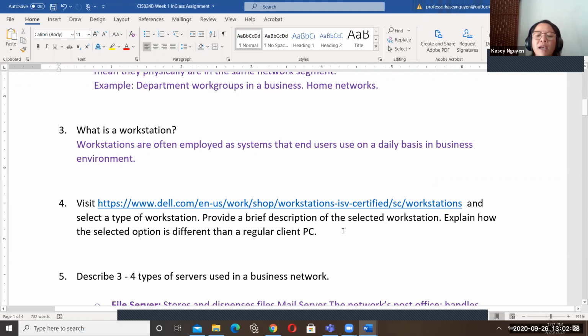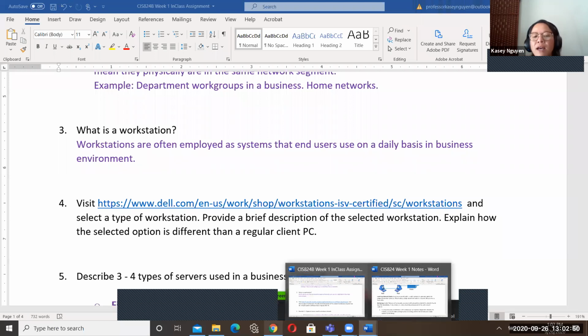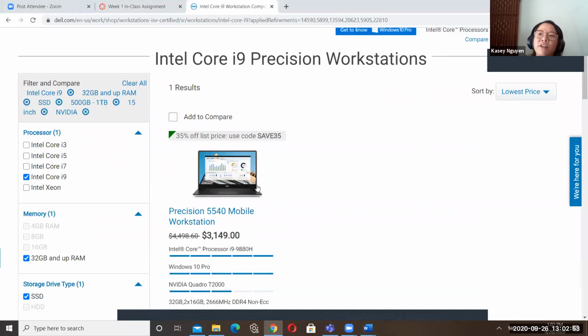And then tell me how that system is different than your regular computer, right? One that you would go to Best Buy real quick and spend $300–400 to pick up a laptop. So what makes it different? Okay. I think Dell mainly, they charge extra also for the warranty that's going to back up these type of system, because if you buy it for consumer, right, you would see that when you custom it, it's less.